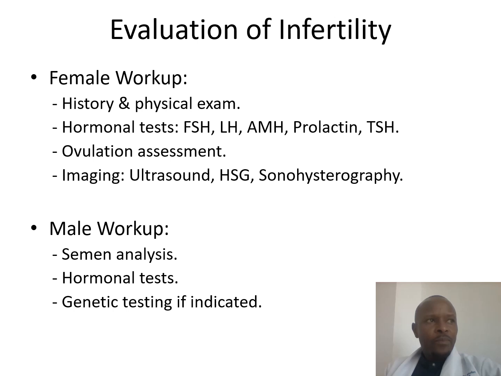Evaluation, the most important is history and physical exam, because that almost always guides you to the right investigation, so that you don't have to do too many investigations that may not be necessary. For the lady, if you are trying to find out if she's ovulating, the hormonal tests will be important. Of note is FSH, LH, prolactin and TSH, and anti-Mullerian hormone.